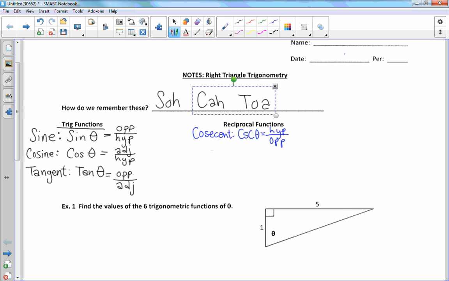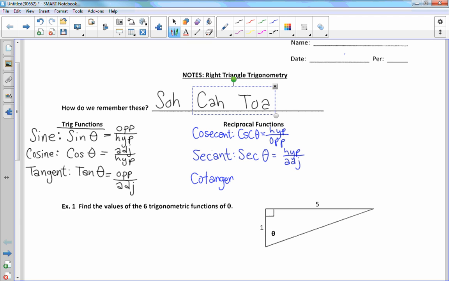So the reciprocal function of cosine is secant. Secant's abbreviation is sec θ. So, if cosine is adjacent over hypotenuse, what's the reciprocal? Hypotenuse over adjacent. And the last one, tangent's reciprocal function, is called cotangent.